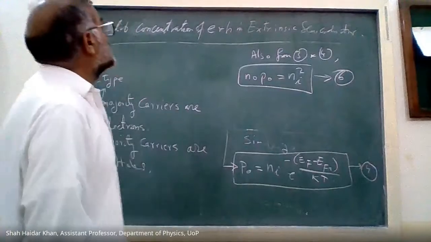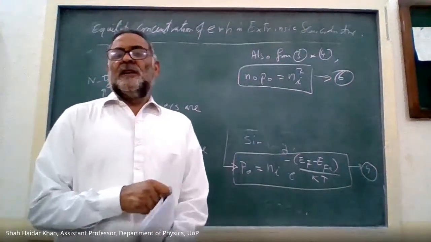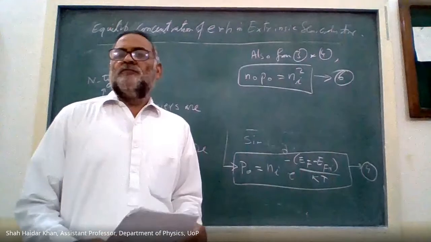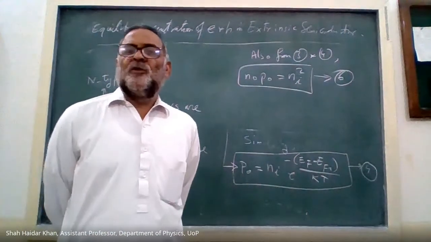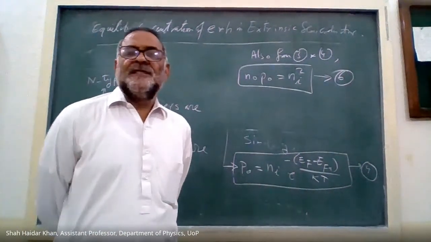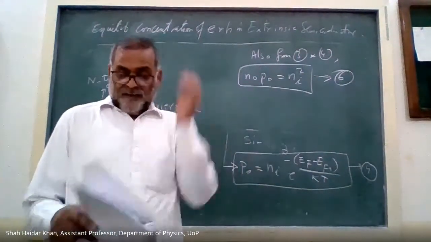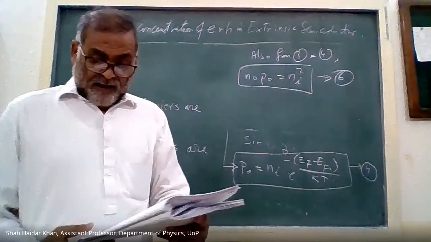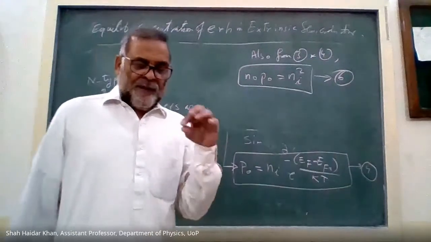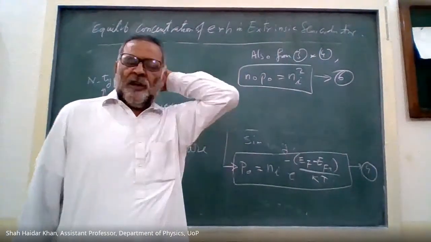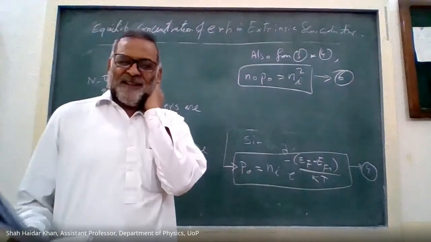We should stop here, and there is a little bit. I will just give you a brief introduction about the degeneracy and the non-degeneracy. If the concentration of the impurity is small, then they do not interact with each other. That is called non-degenerate semiconductor.